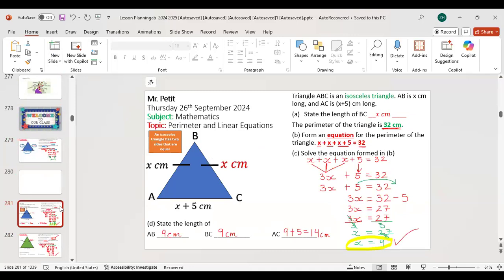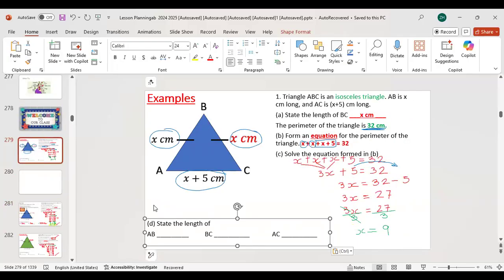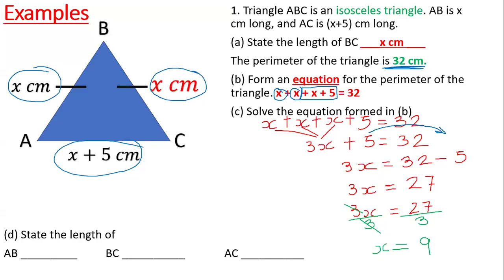We didn't solve what AB, AC, and so on are. So let's do that. So what does this mean? We know that x is equal to 9. So we're going to use that idea to get our answers.